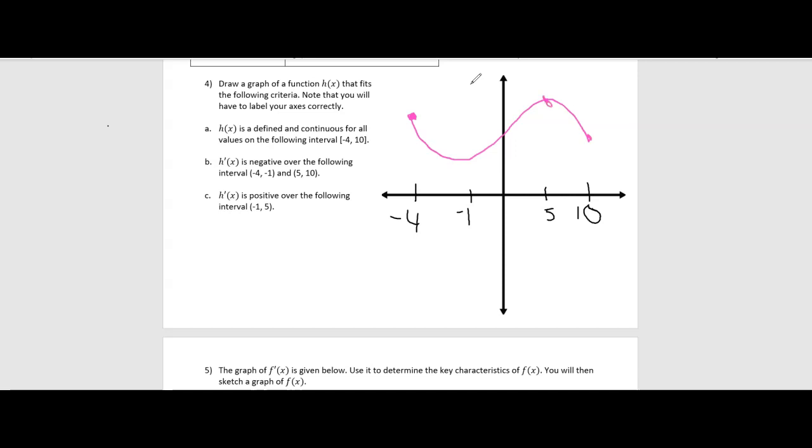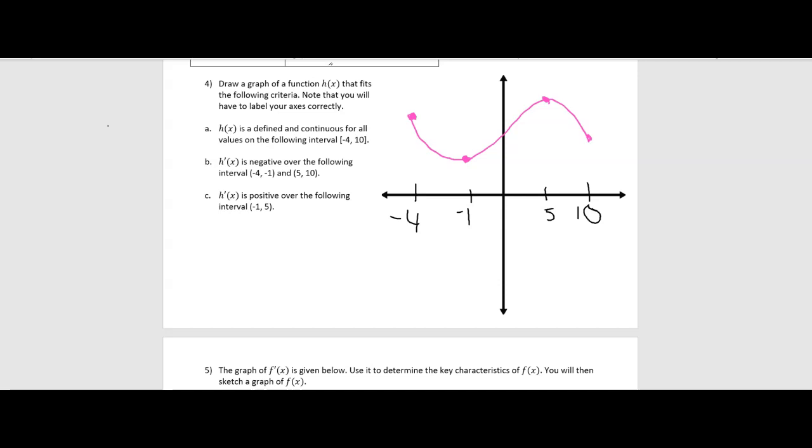So I'm just showing you that 5 should be a relative max. Let me make that point a little better, because 5 is where it changes from increasing to decreasing. And -1 should also be a relative extrema. In this case, -1 should be a relative minimum.